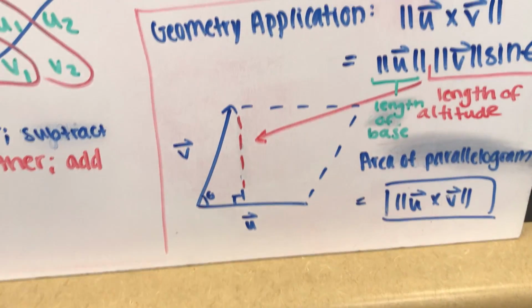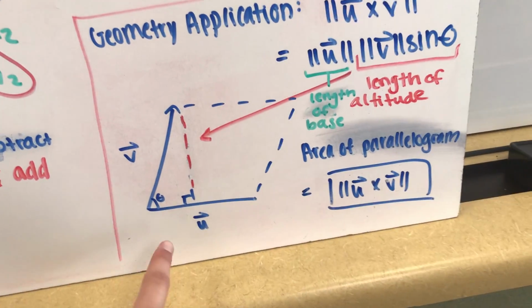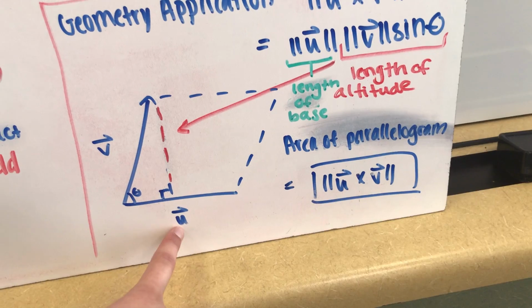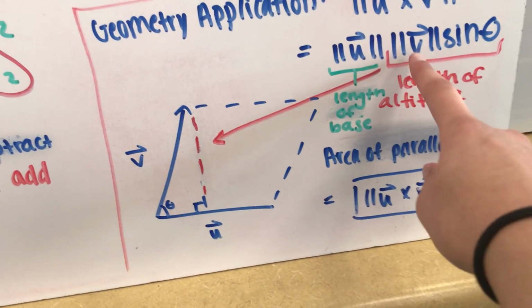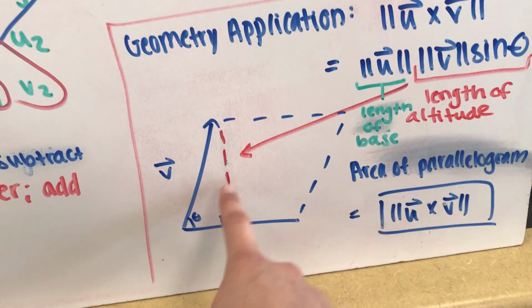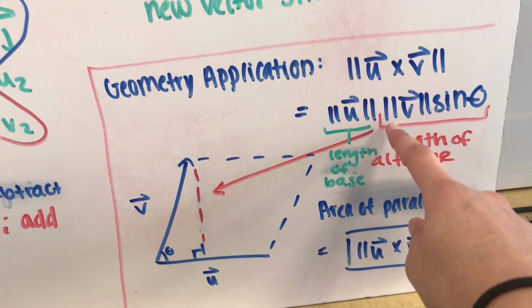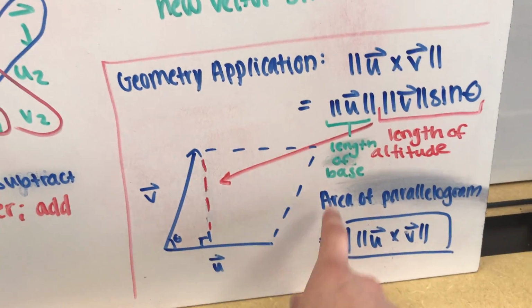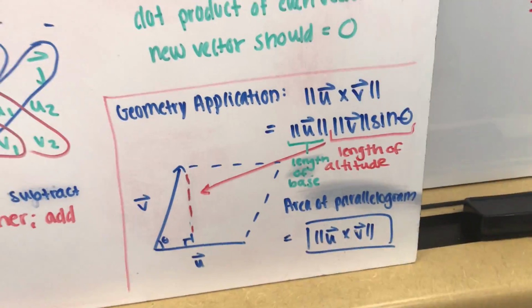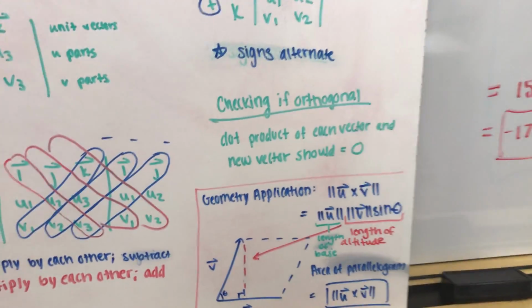Basically, this is finding the area of the parallelogram, because this v sine theta is solving for the height. Once we multiply v sine theta times u, you get the area of the entire parallelogram. And that's basically it.